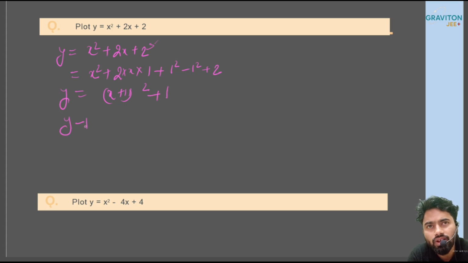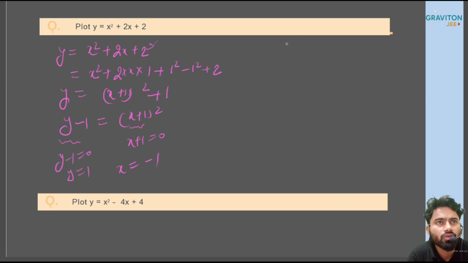So take y minus 1 equal to x plus 1 whole square. Now you want to know where the vertex of this type of parabola is. So you have to put this equal to 0 and this equal to 0. So after putting y minus 1 equal to 0, you will get y equal to 1, and x plus 1 equal to 0, you will get x equal to minus 1.